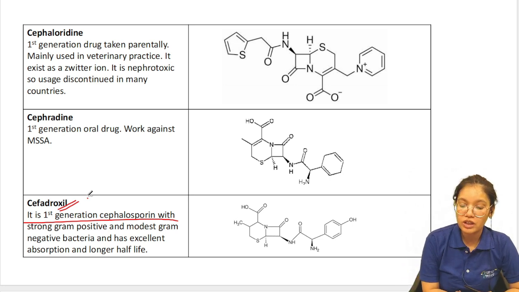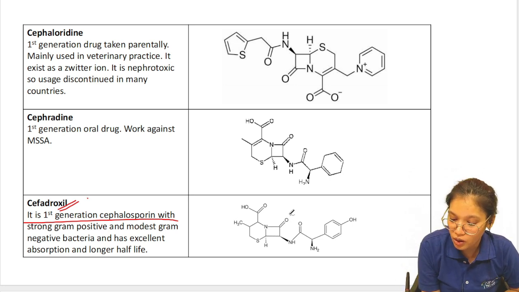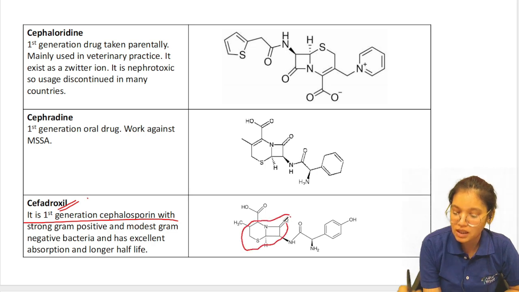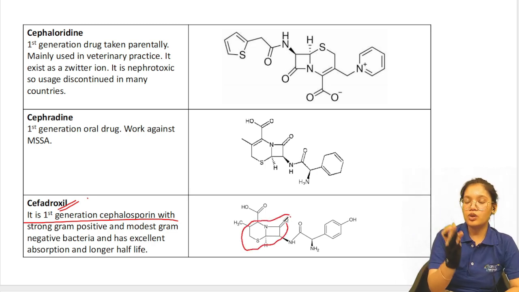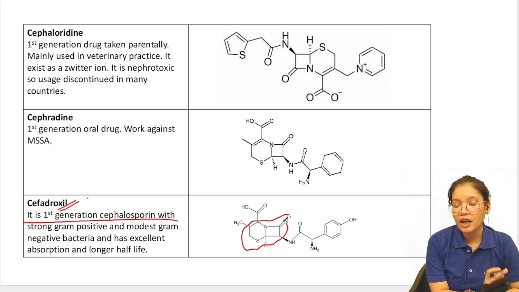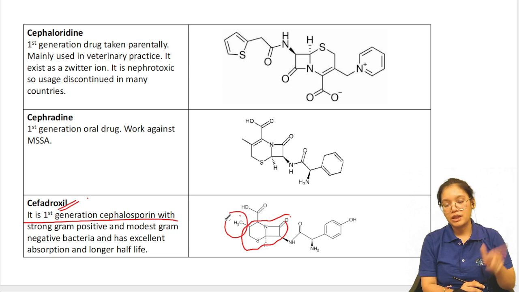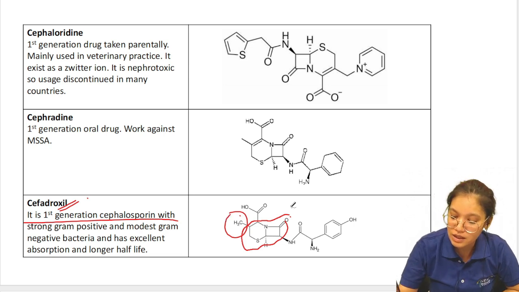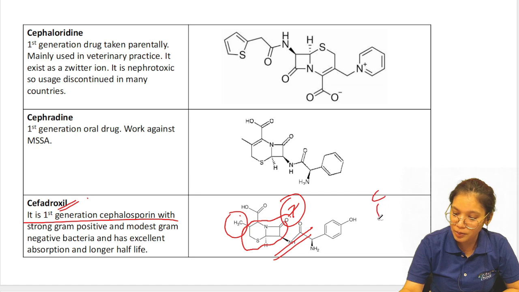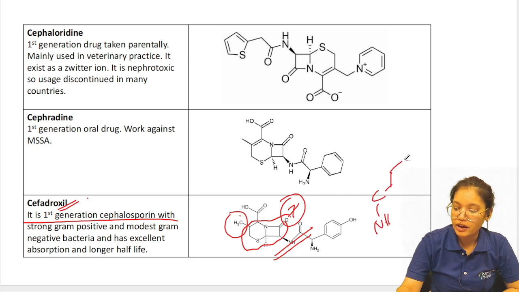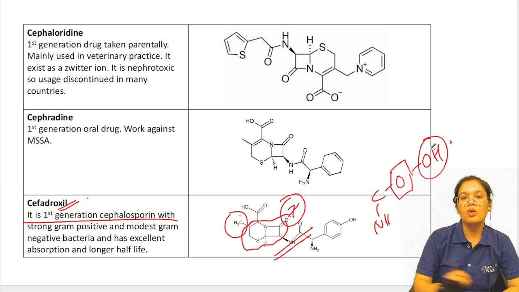Now moving towards its structure, it also has a Cepham ring, that is the beta-lactam ring fused with the dihydrothiazine ring. Again at third position we have a methyl group attached, and at seventh position, along with the amide, we have a carbon with NH2 and a phenyl ring that is attached to the OH group.